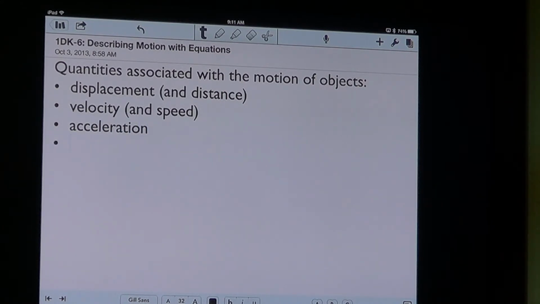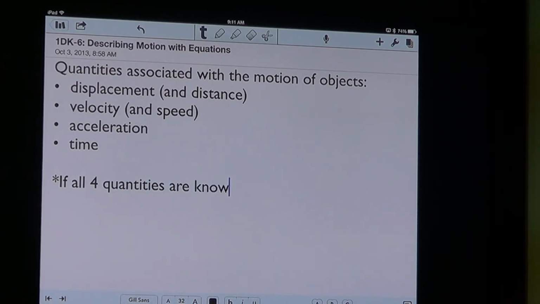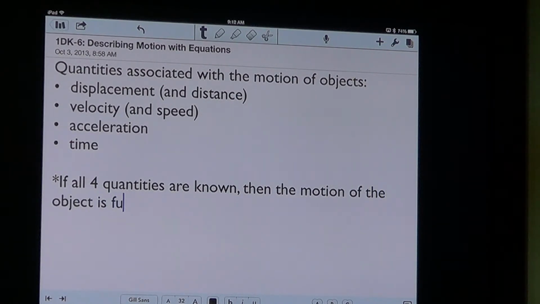And the last quantity is time. If all 4 of those quantities are known, then the motion of the object is fully described.